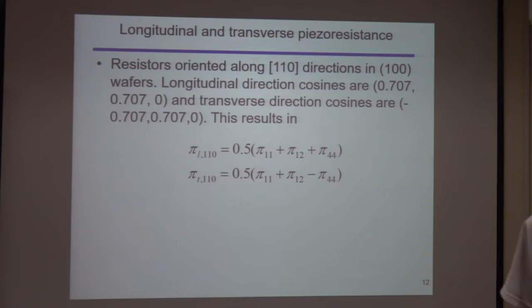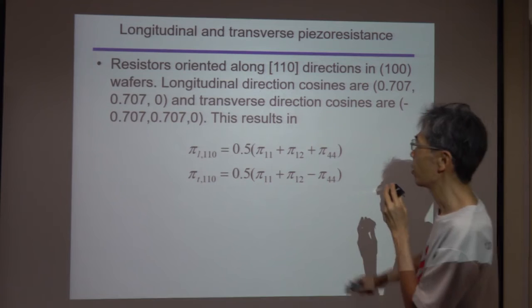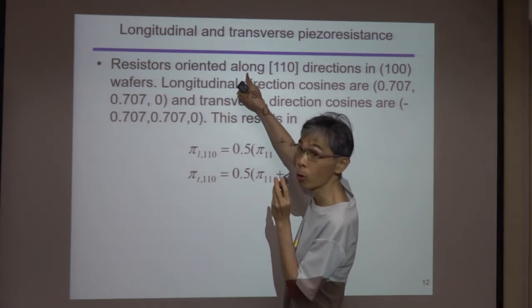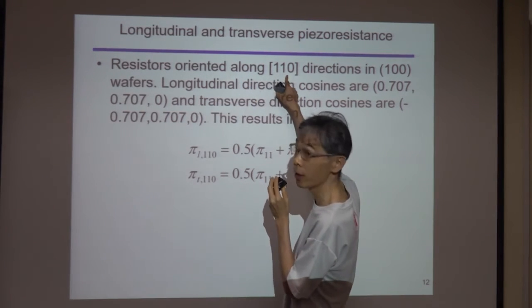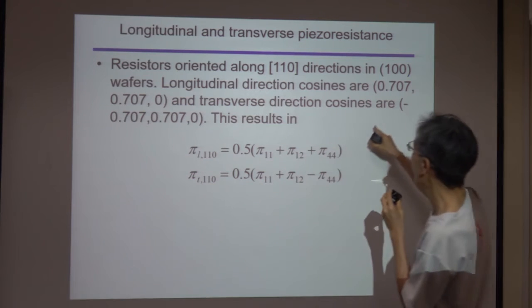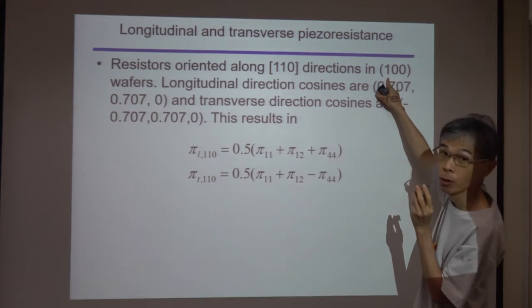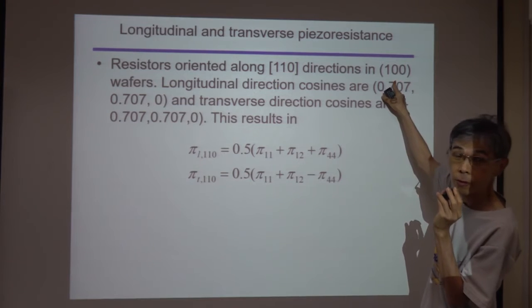Now we have an example. The resistor longitudinal direction is 1 1 0. Then the wafer we use is the 1 0 0 wafer.